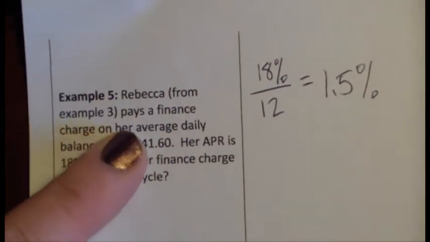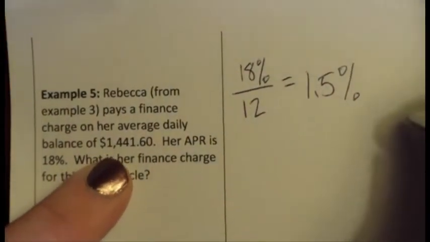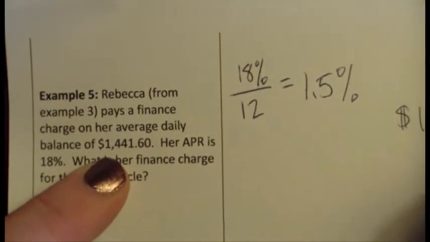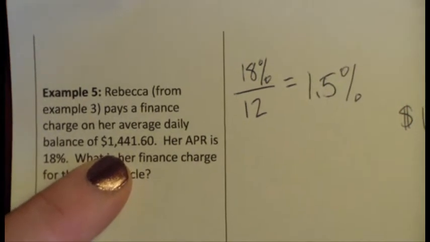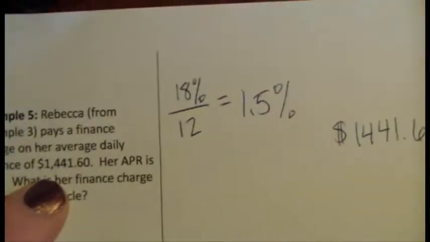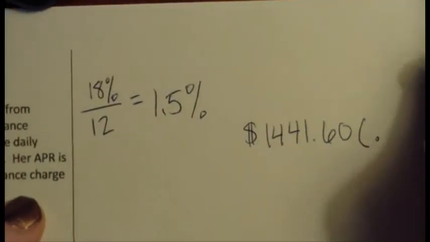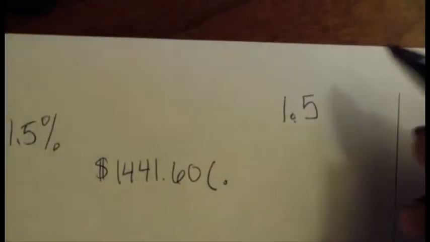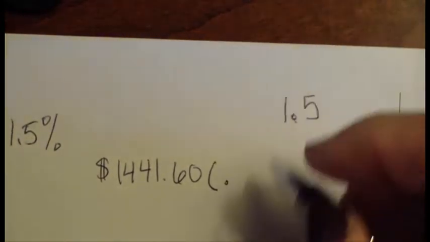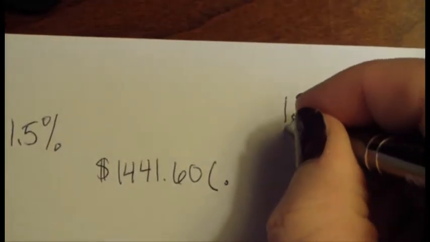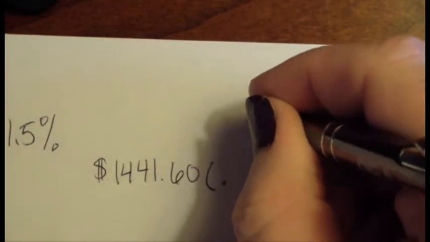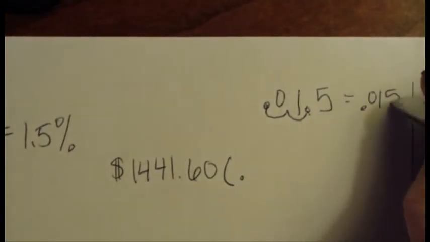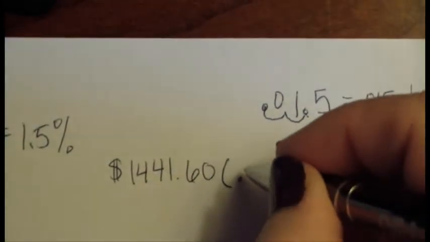We're going to take her average daily balance, $1,441.60, and multiply it by 1.5 as a decimal. Remember, when you change a percentage to a decimal, you move the decimal point 2 spaces to the left. So it's going to be 0.015.